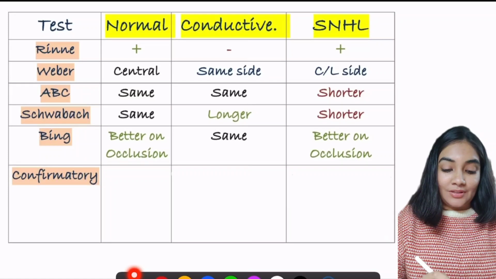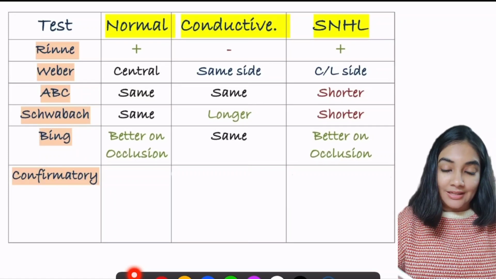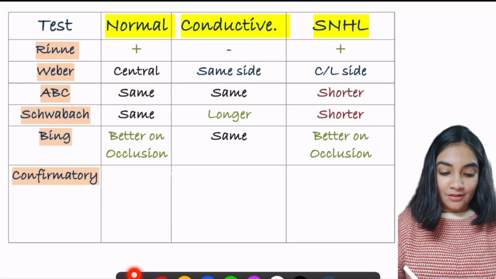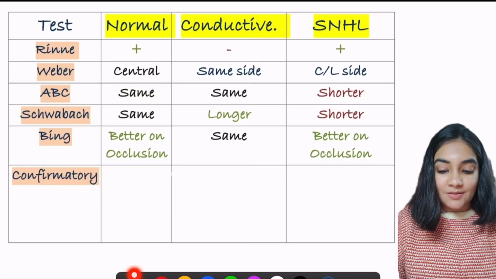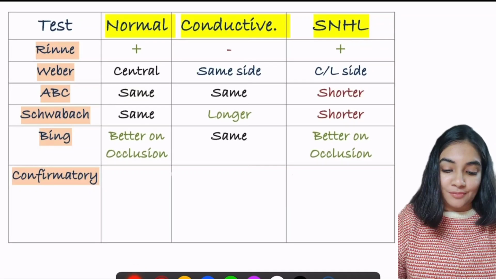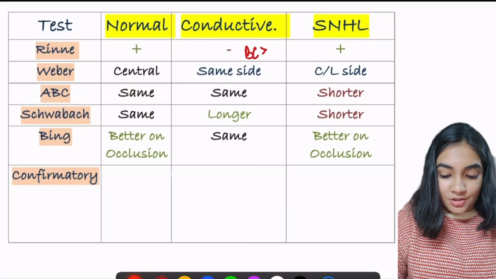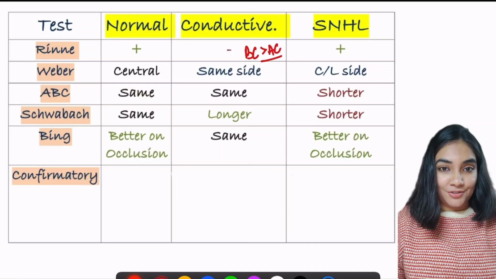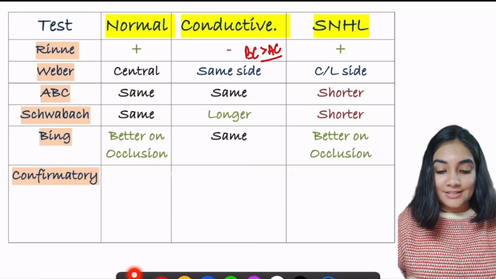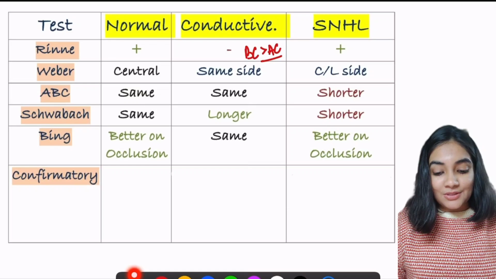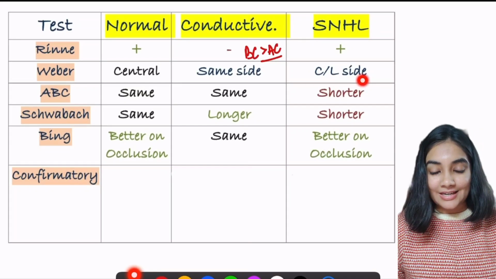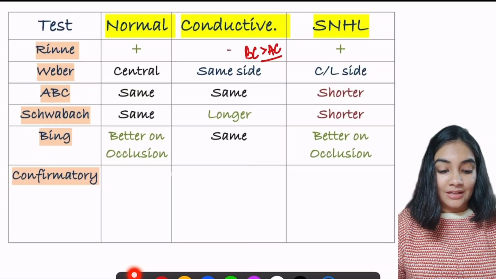Rinne's test. Rinne's positive meaning air conduction more than bone conduction, which is a very normal phenomenon seen in normal cases as well as sensory neural deafness. But Rinne's negative means bone conduction more than air conduction. Weber's central in normal cases, it is lateralized to the same side in conductive, whereas to the contralateral side in sensory neural.